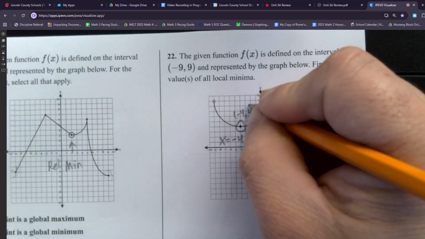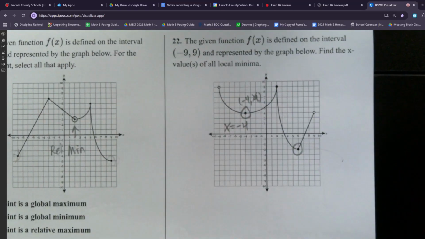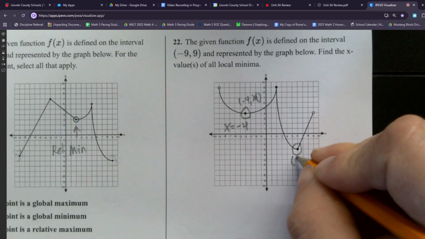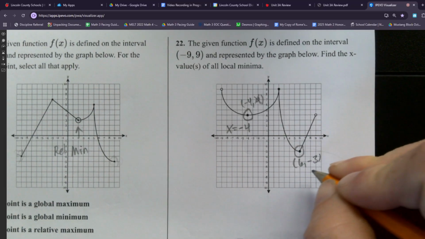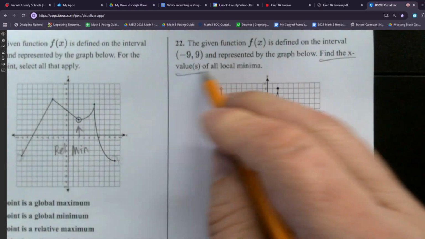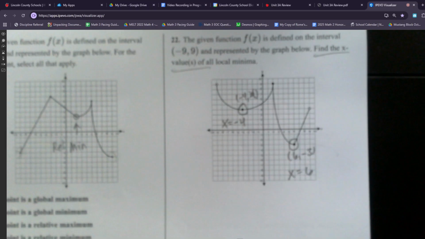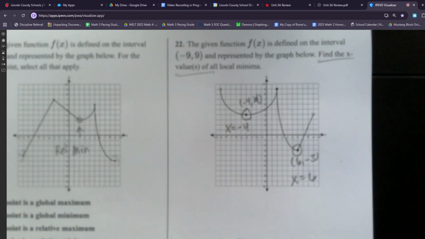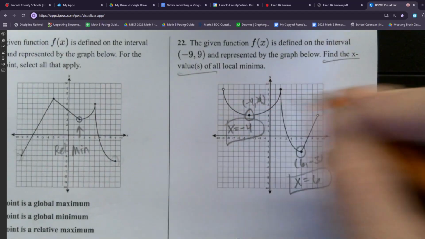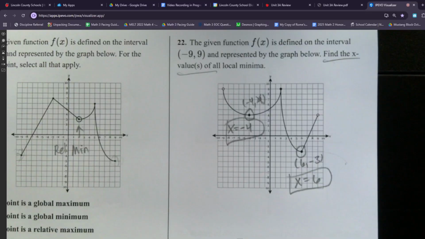So the y value doesn't matter here. And then this guy, this coordinate is (6, -3). So x equals 6 is the x value for the local minima there. So the two you would be looking for are x equals 6 and x equals -4.